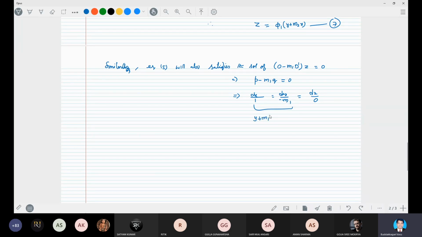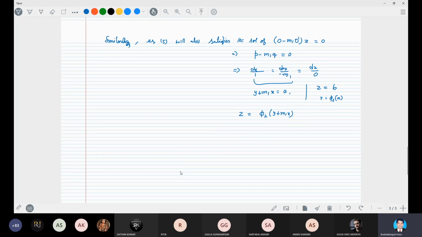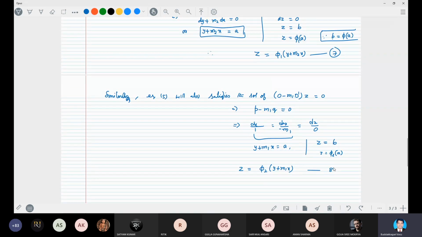We get y + m1 x is equal to a, and the last gives z is equal to b, or we get it equal to φ2 of (y + m1 x). Because φ1 is already used, we write φ2 of a. Here the arbitrary constant b is equal to φ2. So this is equation 8.